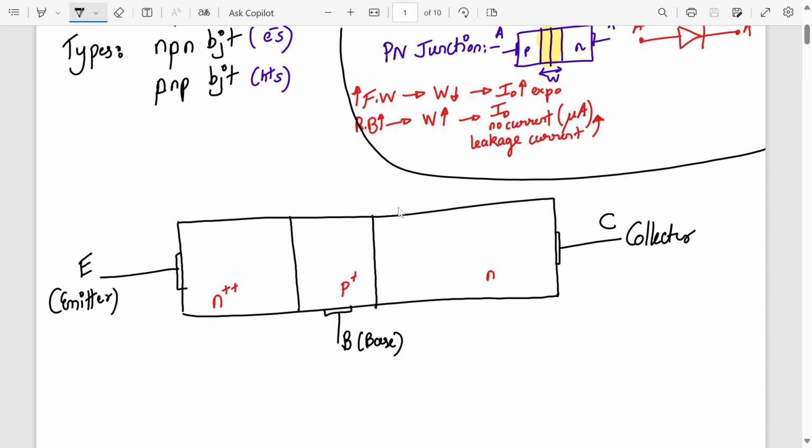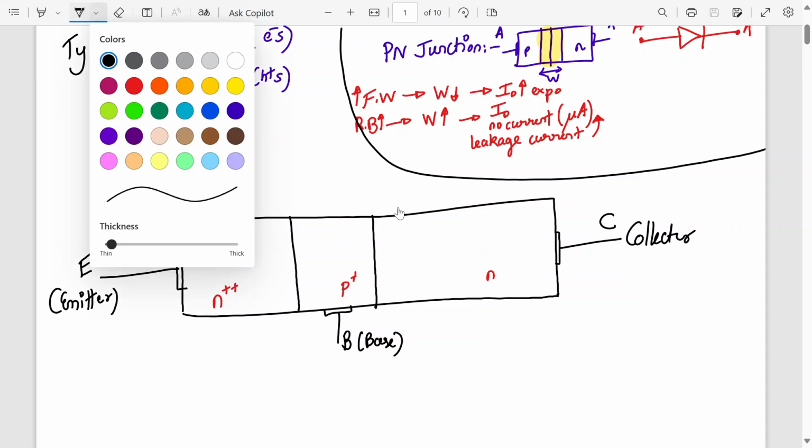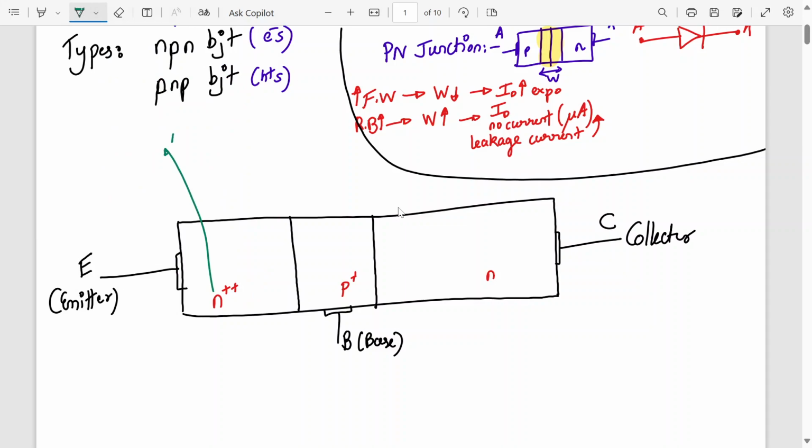The meaning of this is that the doping concentration ND or NA is higher, let's say in the range of 10 raised to 19 per cubic centimeter. Here it is slightly less, maybe in the range of 10 raised to 18, and here it is lightly doped. ND is the number of donor ions, the doping concentration, maybe in the range of 10 raised to 15 to 10 raised to 16 per cubic centimeter. Okay, that's the meaning of it.